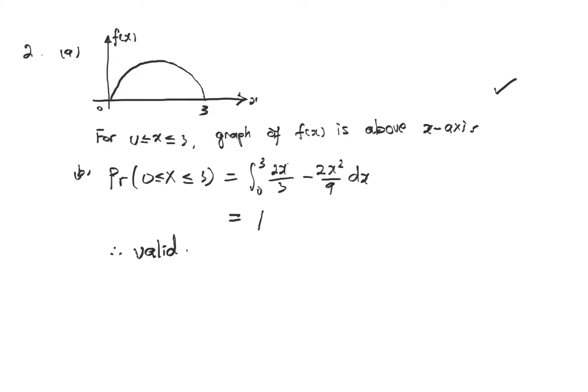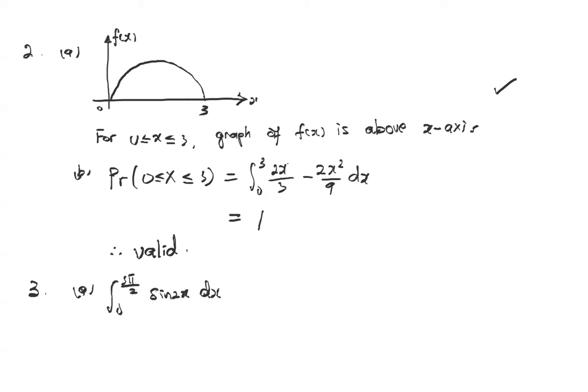But for question 3, part A, they ask you to show. If they say show, it means you cannot say the calculator says so. Understand? So you have to really integrate sin 2x dx.